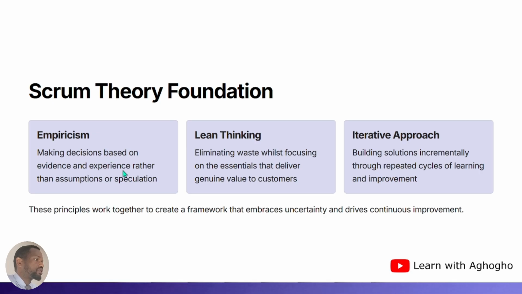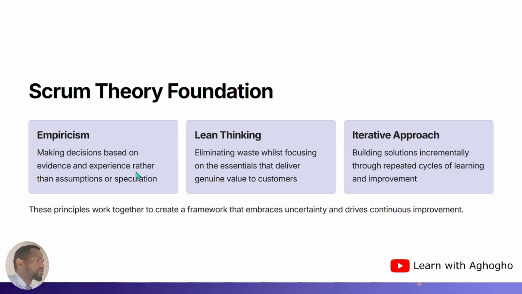Empiricism is making decisions based on evidence and experience rather than assumptions or speculation. So this has to do with giving a tangible reference for why you think a certain thing can be done within the projected timeline.